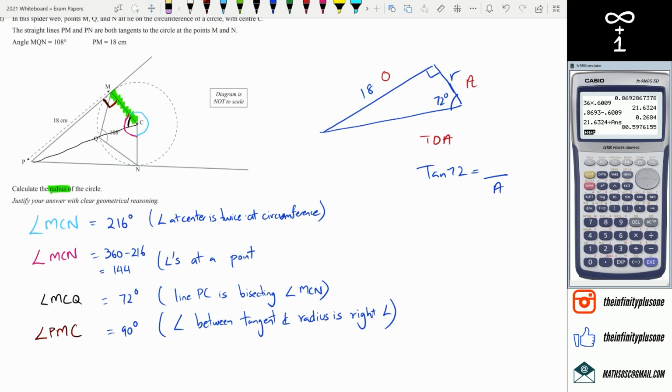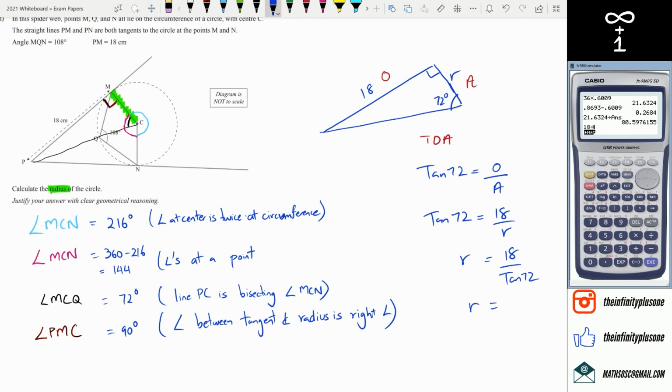So we've got tan 72 equals 18 divided by radius. Swap over, so radius is equal to 18 over tan 72, which gives me 5.85. And that ends up being the radius for this question.